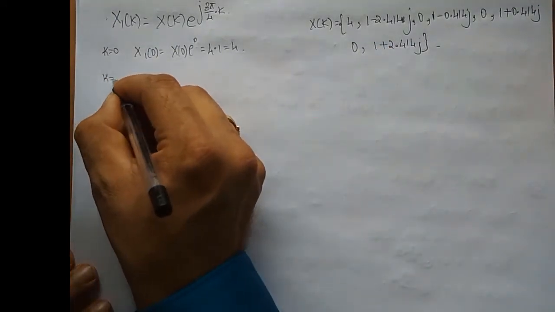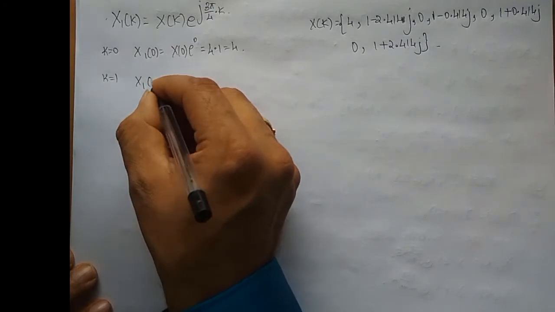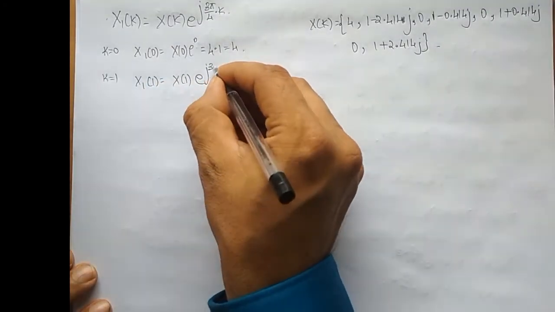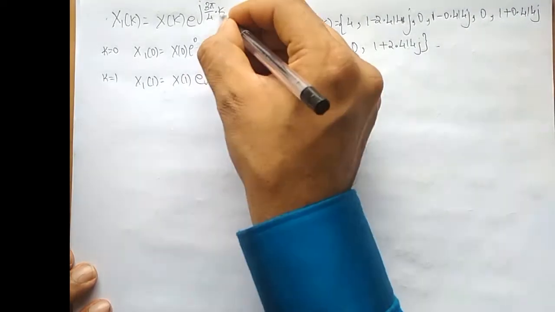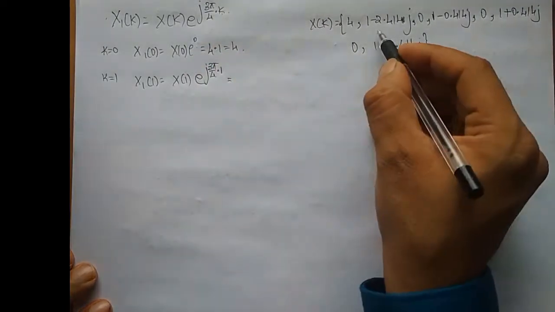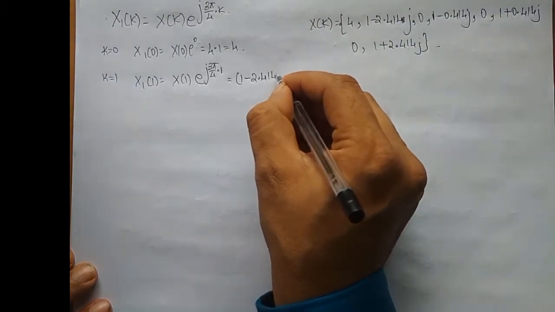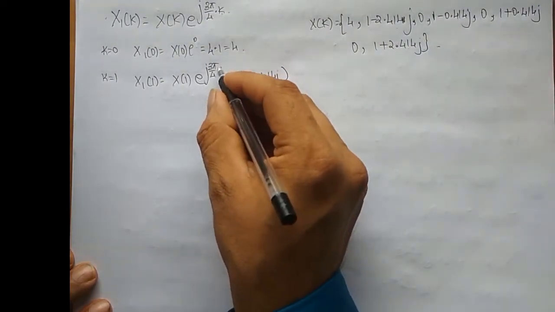Now if I put k equal to 1, what do I get? x1 of 1 is equal to x of 1 into e power j 3 pi by 4 into 1. What is x of 1? It is 1 minus 2.414j into e power j 3 pi by 4.